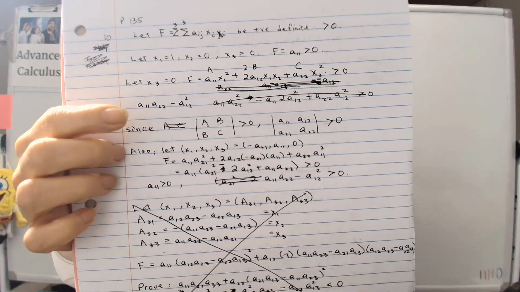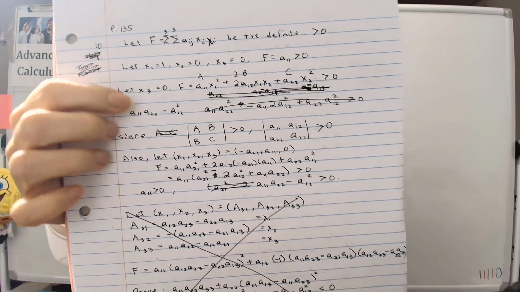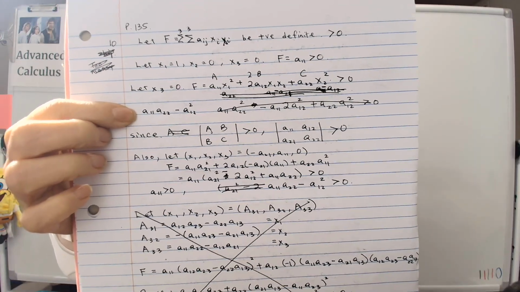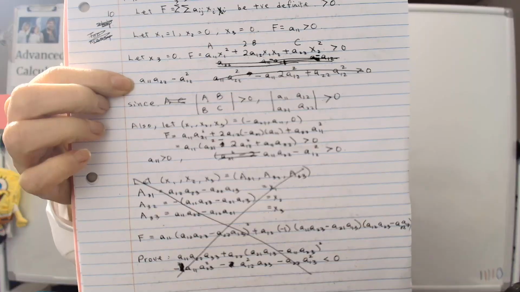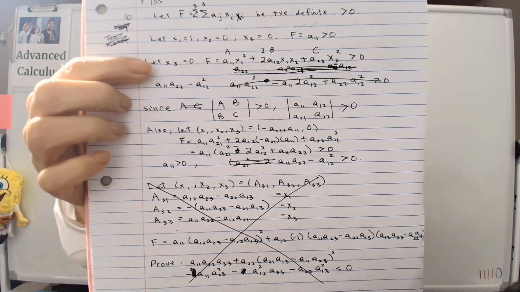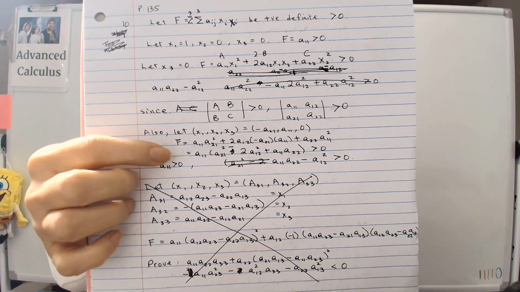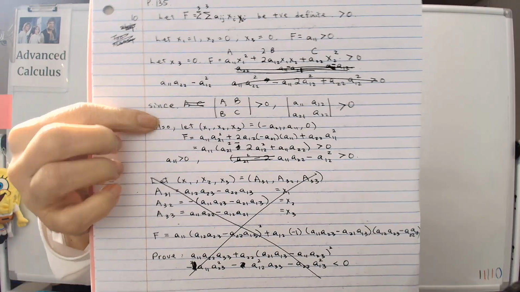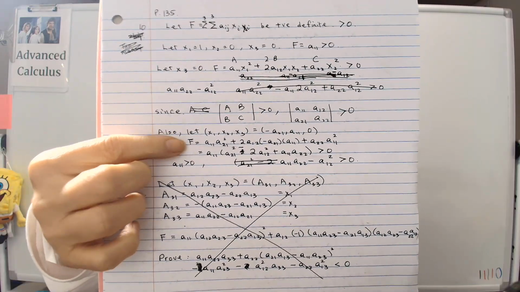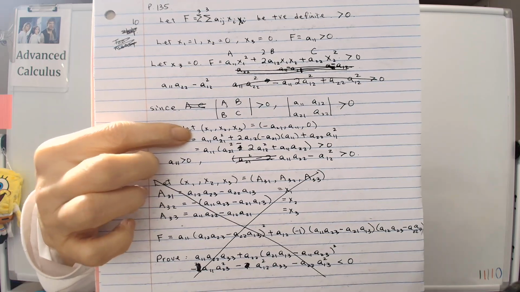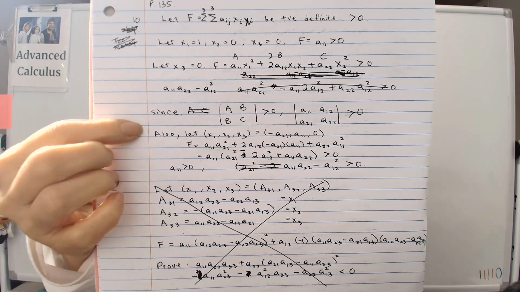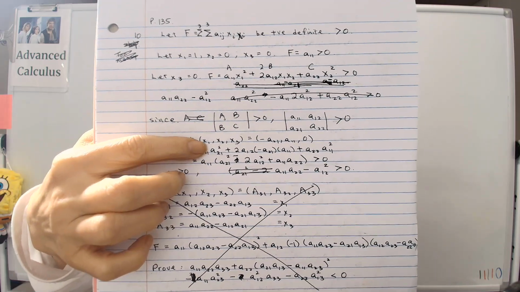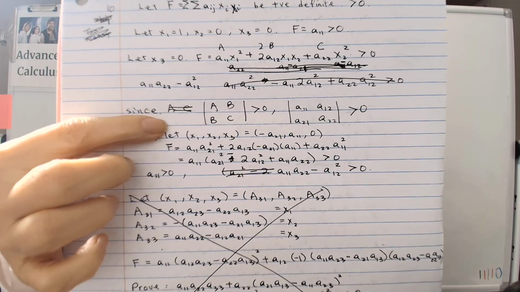Now the next step is not as obvious. So I used the hint that we're supposed to plug in, let's see, I don't even know what that is. Anyway, we plug it in. There might be some garbage here that I didn't scratch out, but it doesn't matter, it's still following the hint. The answer is still pretty obvious. So we let x1, x2, x3 equal minus a12, a11, and 0.